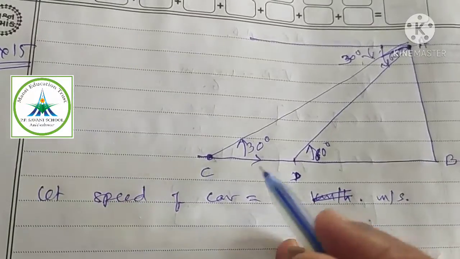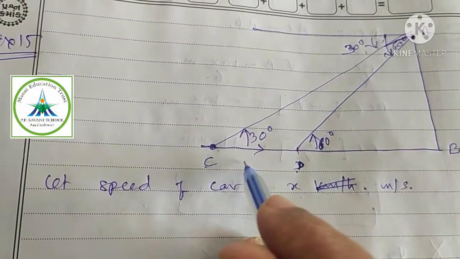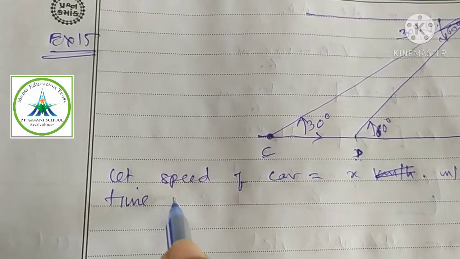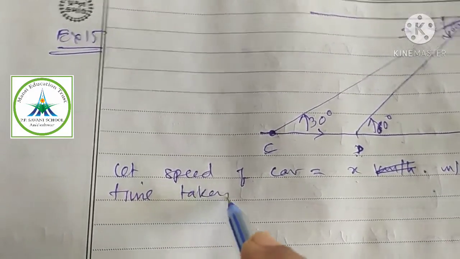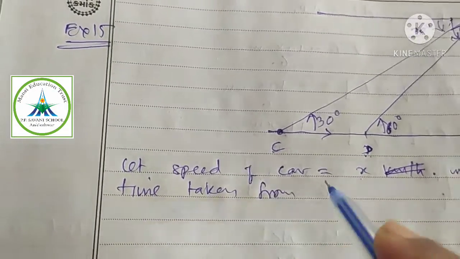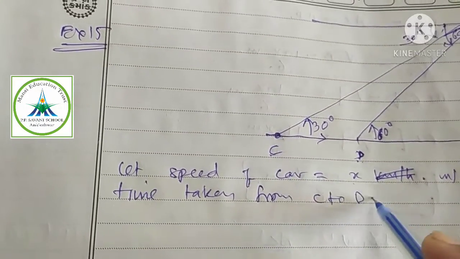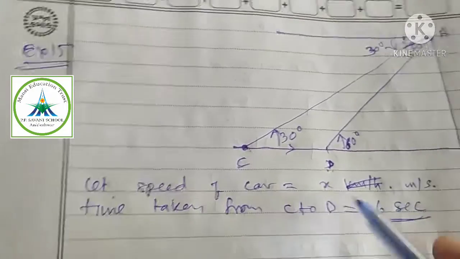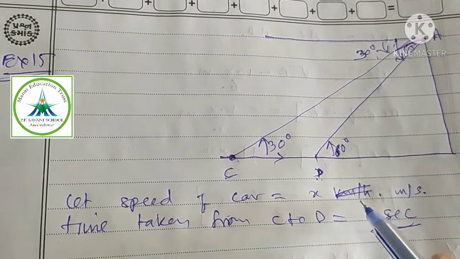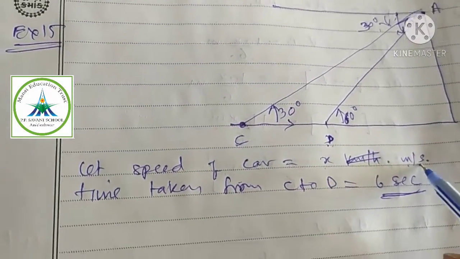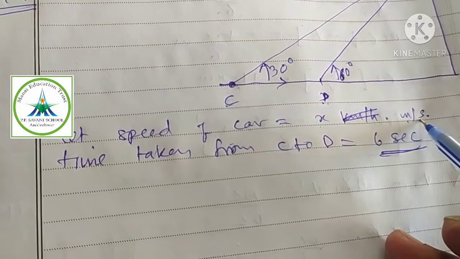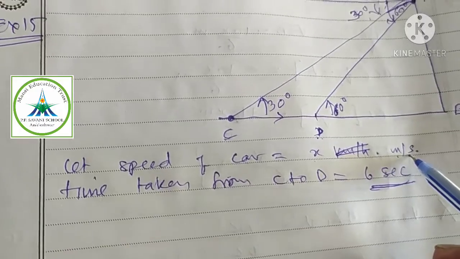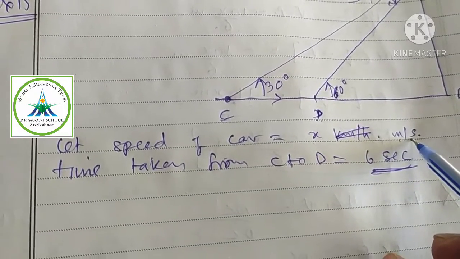Now time from C to D is 6 seconds. Time taken from C to D is equal to 6 seconds. So time is in seconds, so we have taken the speed of the car in meters per second. Right? Now see, they are asking to find the time taken by the car to reach the foot of the tower from this point.